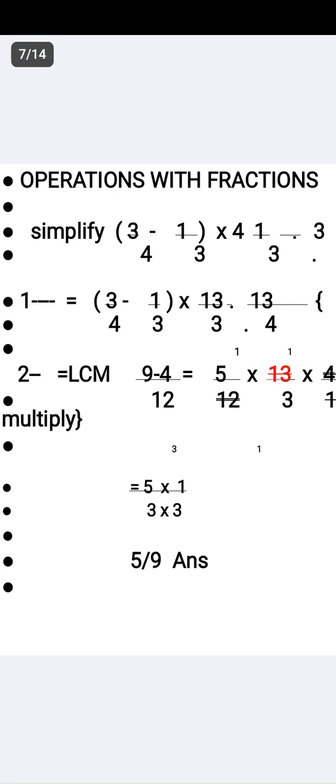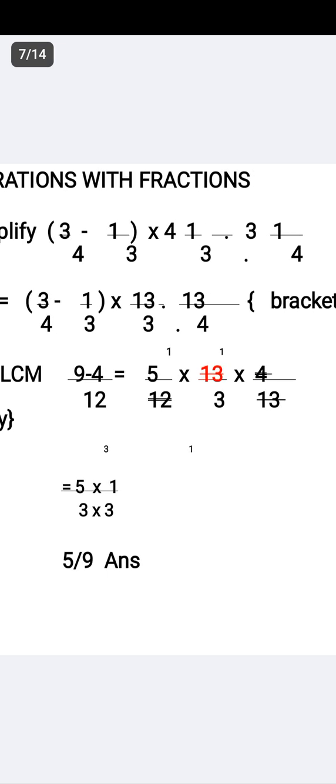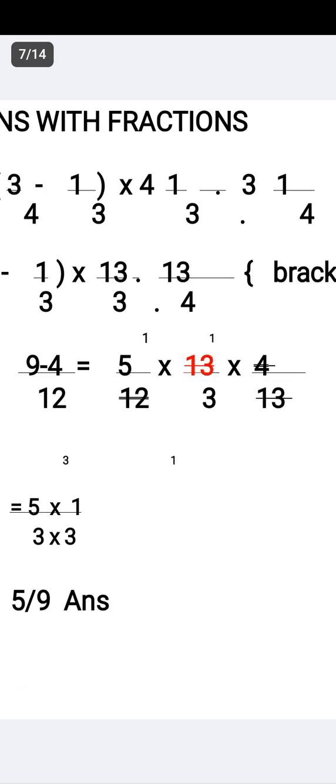First of all, we changed those into improper fractions. Then we solved the bracket first, then did the multiplication and division. To multiply fractions, you multiply the numerators and the denominators. Because you are dividing by the last fraction, you invert it and take its reciprocal, so 13 over 4 automatically becomes 4 over 13.